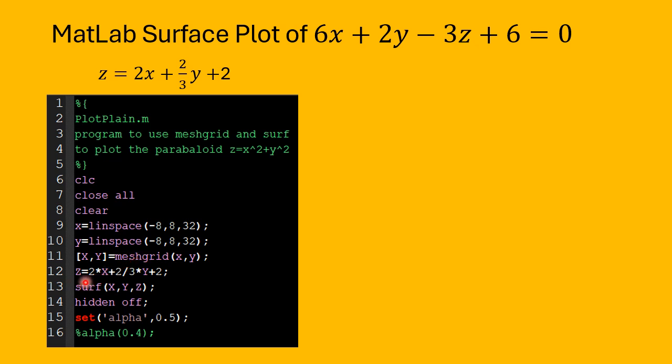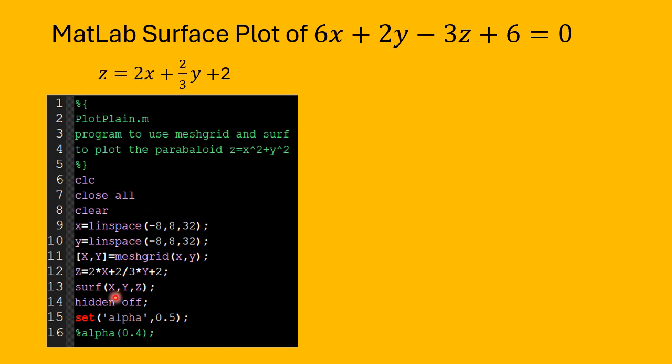In any case, now we'll let capital Z be 2 times capital X plus 2/3 times capital Y plus 2, which is the equation that we have up here. And then we'll graph the surface for those points having x, y, and z coordinates given by this.